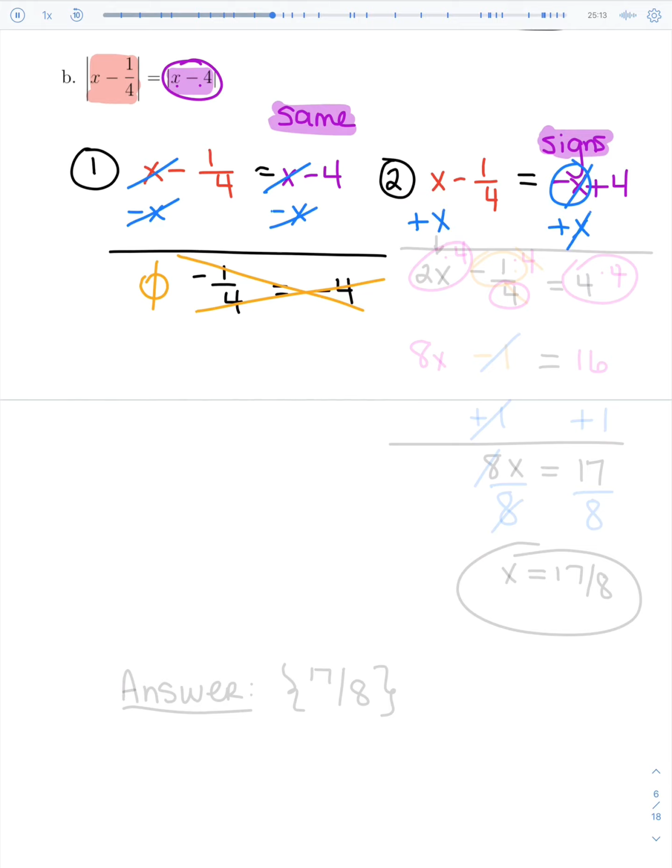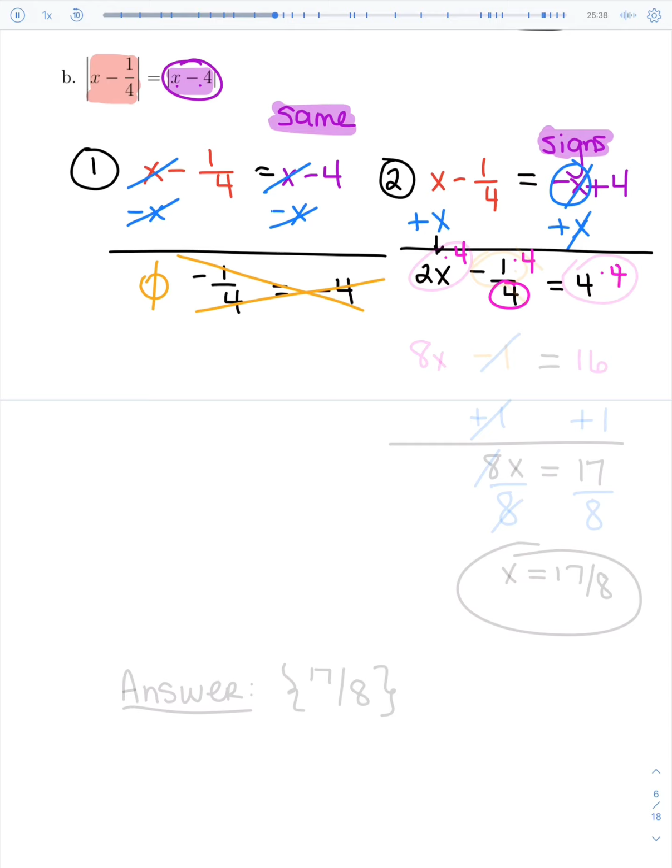So that actually will not run into the same issue because on the left now, I'll have an x plus an x, which is a 2x. We still have our minus 1/4 and still have our 4 on the other side. Now, if you're one of those people who is terrified of fractions, you can get rid of them here by multiplying everything through by a 4 on both sides.